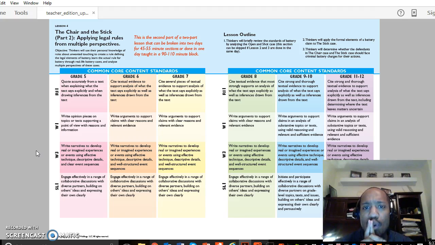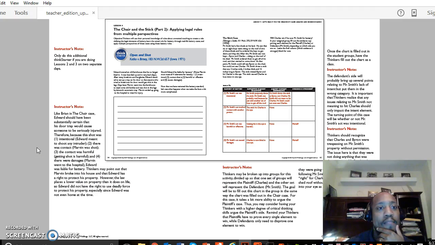One thing I didn't mention in the last lesson, but it's actually outlined in the text itself, is early on, you're going to be explaining to your students the difference between what a plaintiff is, a defendant, and what liable means. So that background vocabulary will be discussed prior to getting into this.